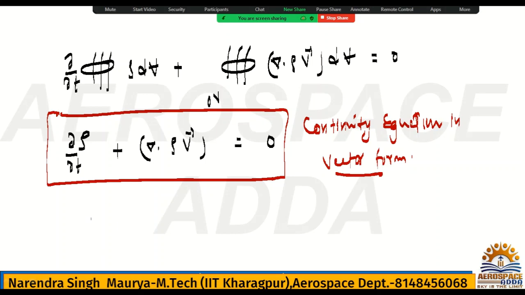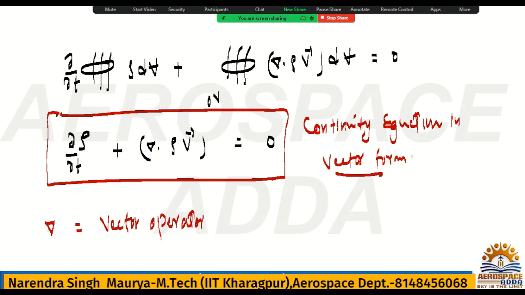Now, this operator, grad, in vector calculus. In H.K. Das, Advanced Engineering Mathematics, I think the topic name is vector calculus. If you check this operator, this is the vector operator. What is it called?